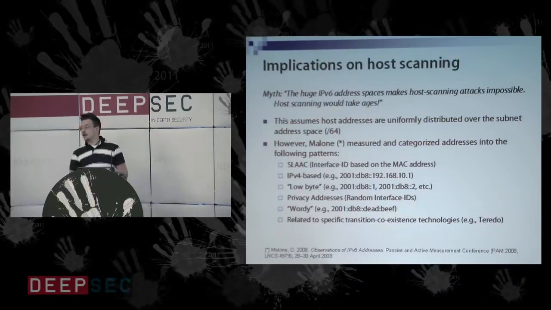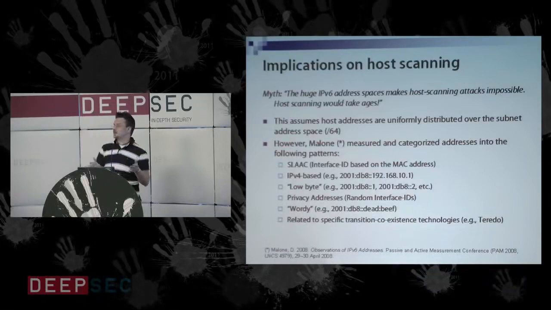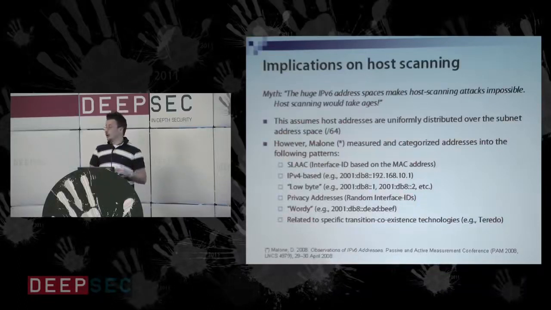What's related to the format of global unicast addresses is that there's usually a myth that you cannot really do host scanning in IPv6. Usually, when you hear this sort of claim, it's because people assume that since the IPv6 addresses are so large, for example, you have 64 bits just for a single network, it would be virtually impossible to perform a brute force scan of the whole address space. Even if you talk about a single subnet, a single local network, you would need to send lots and lots of packets.